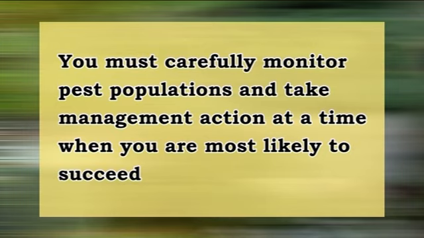You must carefully monitor pest populations and take management action at a time when you are most likely to succeed. Timing may be essential, for example, when you need to control an internal feeder before it enters the plant. It is particularly useful to know the life cycle stages in which the pests are most vulnerable.